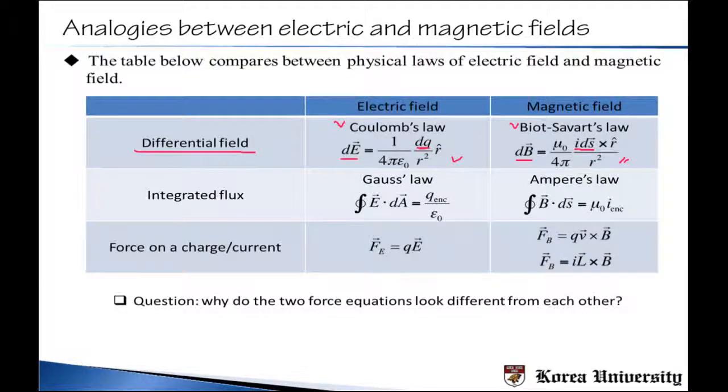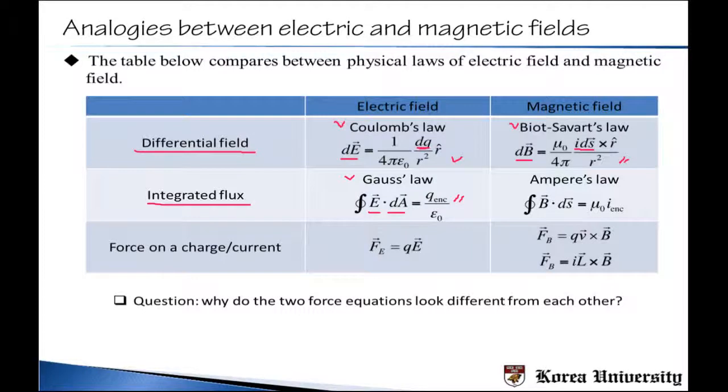These are more or less general formulas, but there are convenient laws which involve the integrated flux. In the case of the electric field, it is given by Gauss's law. What it says is that if you integrate the electric field over a closed surface, which we call a Gaussian surface, you get a value proportional to the total amount of enclosed charge inside this Gaussian surface.